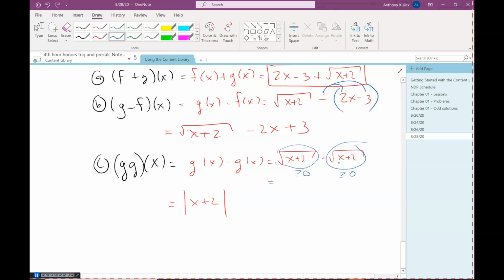Because each of those are square root functions. You can't get a negative to come out of a square root function, right? If I multiply two non-negatives together, I better be getting something else that's non-negative, right? So I really think you should have an absolute value around that.